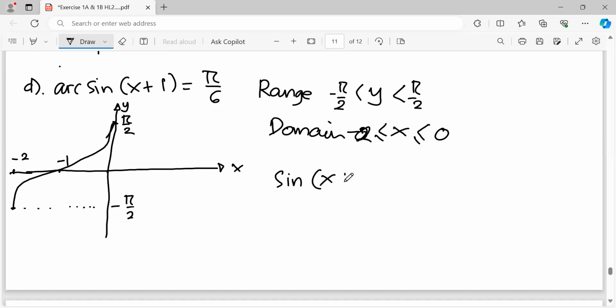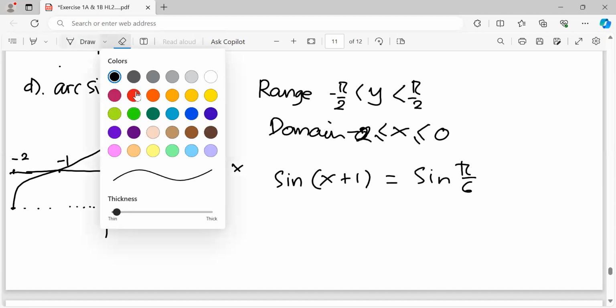Sine of x plus 1 equals sine pi 6. Oh, I mean sine of x plus 1 equals, yeah, sine pi 6.